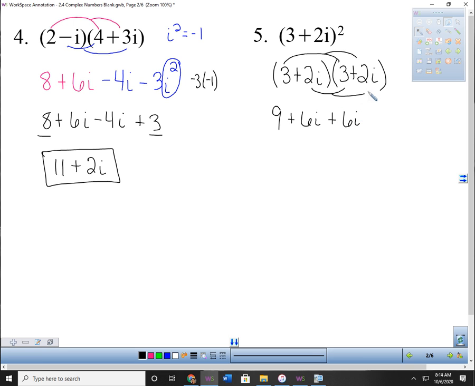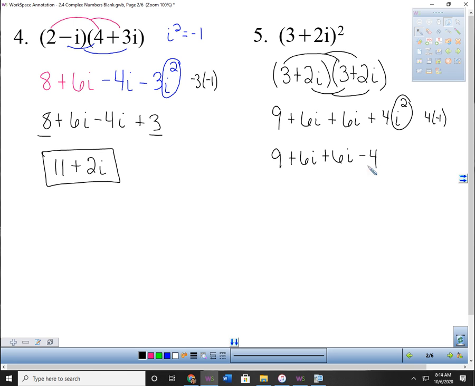And 2i times 2i is 4i squared. I always replace the i squared with a negative 1. So this is going to be 4 times negative 1 at the back.